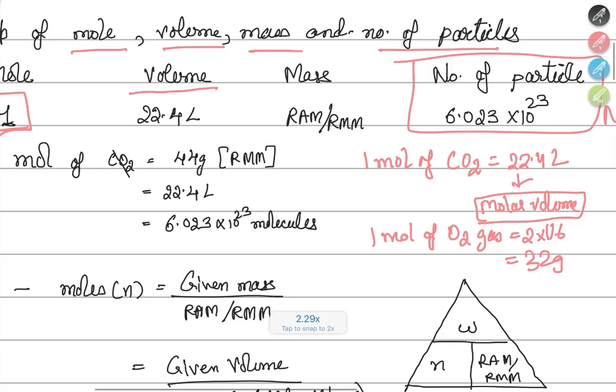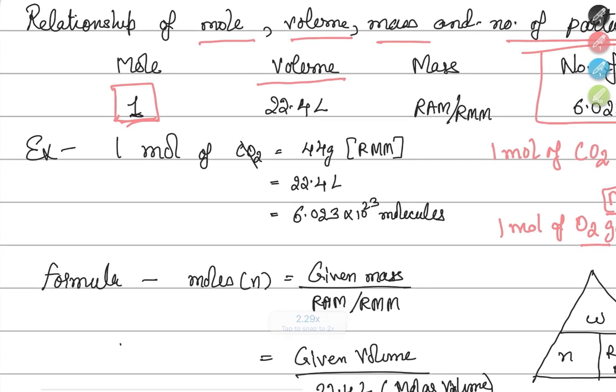So I can say 1 mole of oxygen gas is equal to 32 gram of oxygen gas. Similarly, we can relate the moles to the mass, volume, and number of particles. Now look at this example. 1 mole of carbon dioxide is always equal to 44 gram, which is the molar mass. So this is the first relationship between the mole and mass.